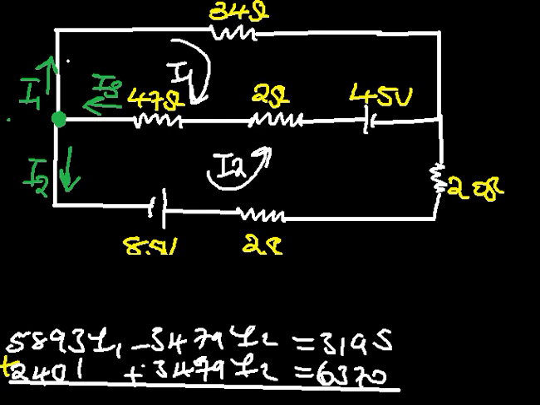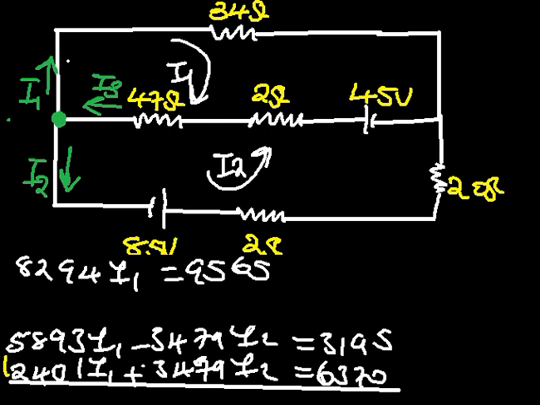So in that case, we'll have 5893 plus 2401, which is 8294. So we have 8294 I1, which is equal to, because here I2 will be given as 0, now I have 3195 plus 6370, which means we'll have it as 9565 in that way.